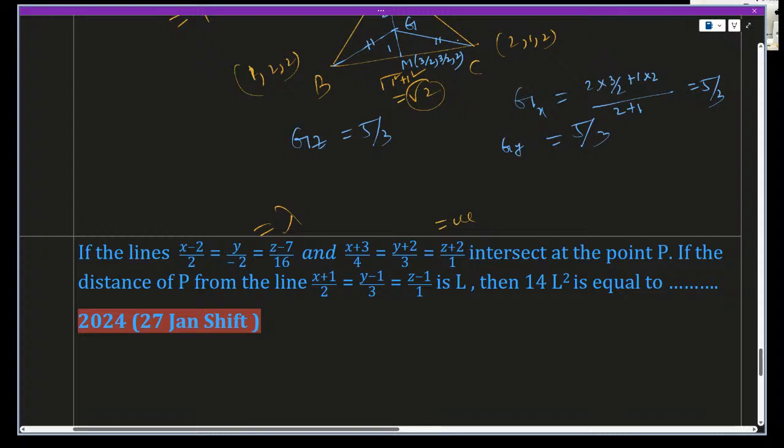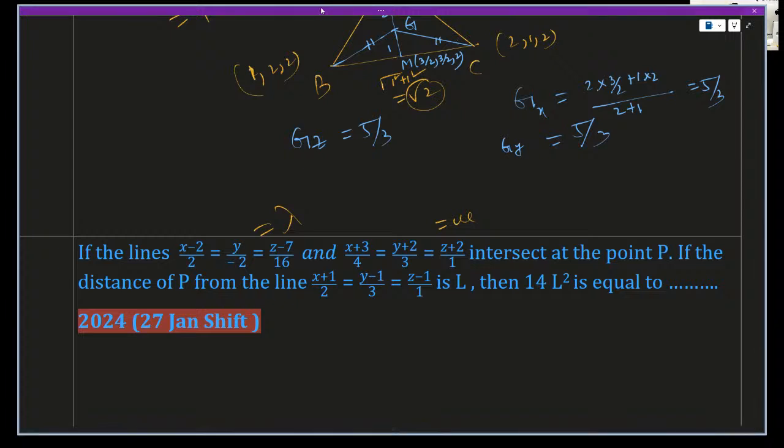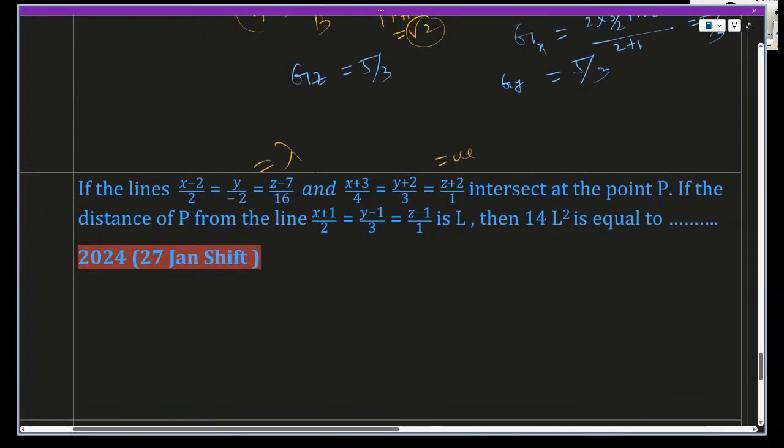So that point of intersection will come. Now from that point of intersection you have to find the perpendicular distance to the line.